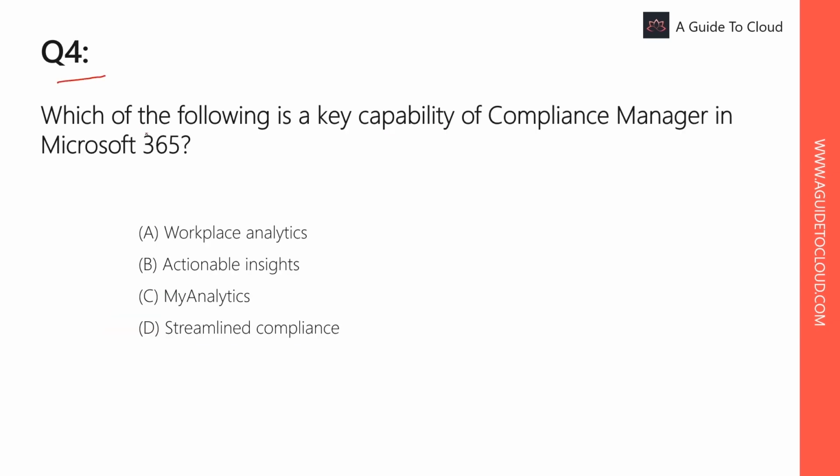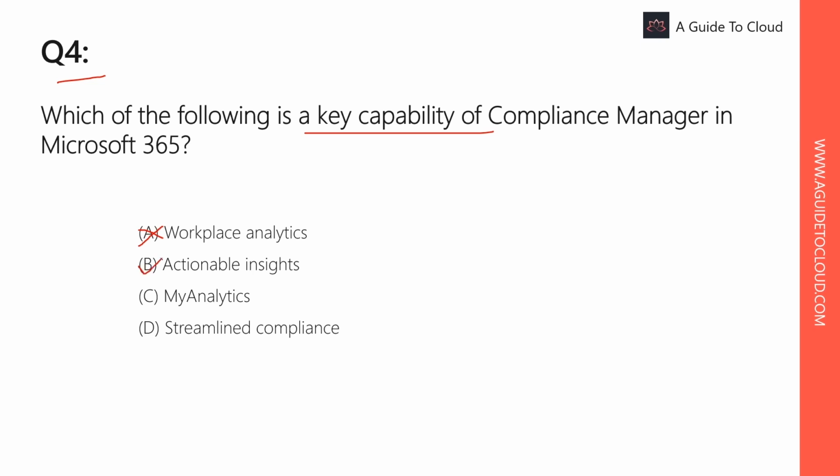The next question is, which of the following is a key capability of Compliance Manager in Microsoft 365? Is it Workplace Analytics? No, Workplace Analytics gives you organization-wide information to make key decisions like well-being and how your employees are using time. Is it actionable insights? Absolutely right.